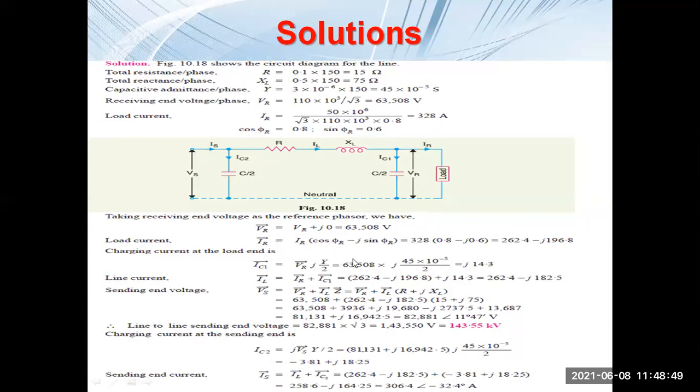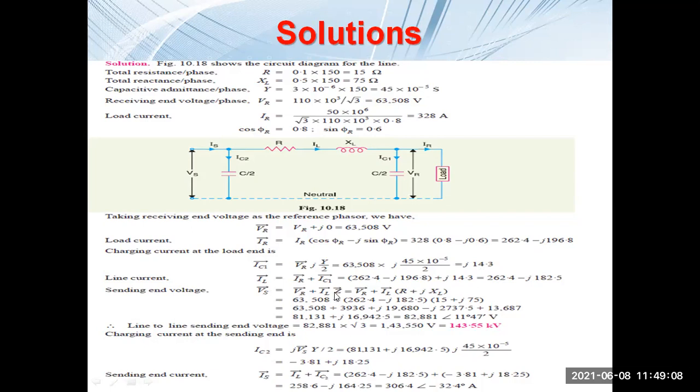So VR we have already calculated, Y we have calculated, divided by 2. So we will get IC1. IL equals again IR plus IC1. So IR we have already calculated, this is the IR value plus IC1. IC1 is this one. So you will get the total IL.